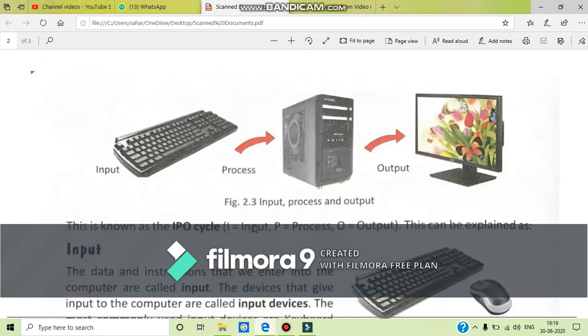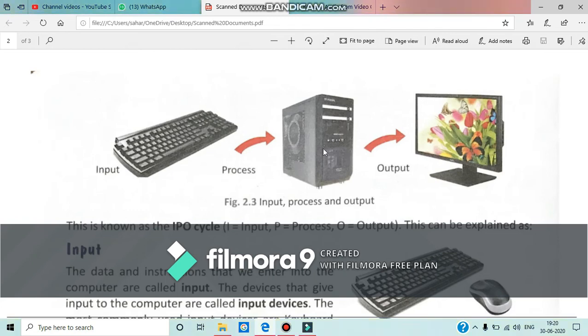In the same way, to do any work in a computer, we have to follow these three simple steps: input, processing and output. You can see the keyboard is an input device. Through the keyboard we will give some data or instruction to the computer, and this data or instruction will be processed by the CPU.